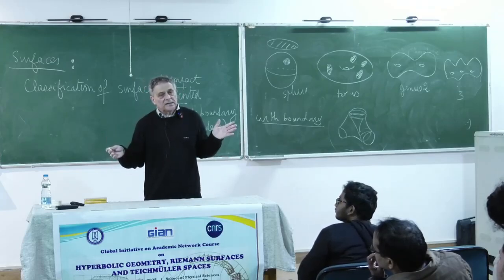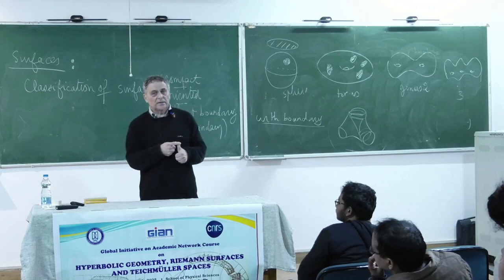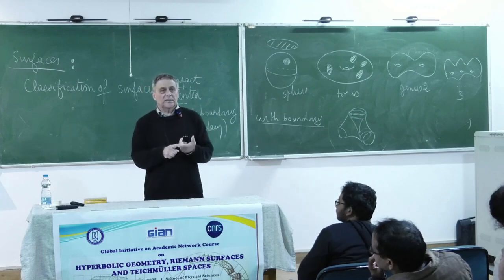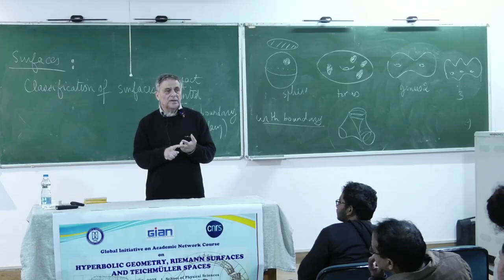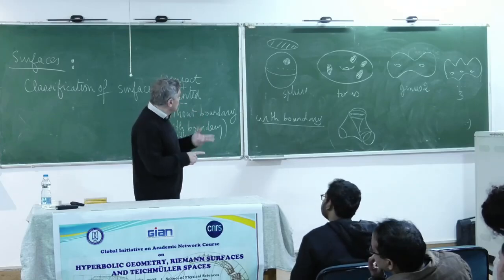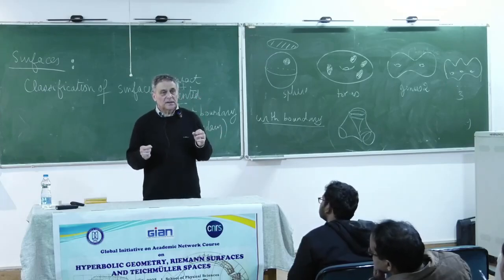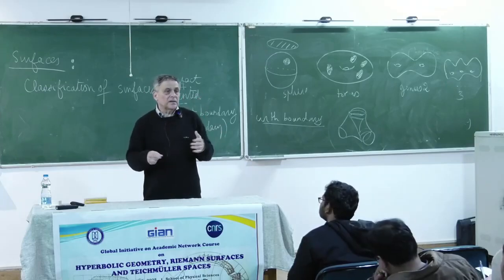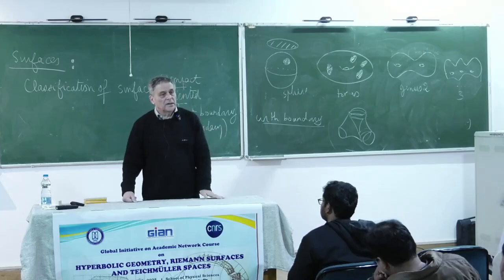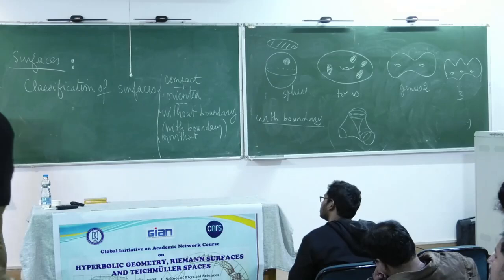I know just 3 kinds of metrics. Until now we talked about the Euclidean plane, the sphere, and the hyperbolic plane. So I want to put a metric on my surfaces so that it looks locally like one of the metric spaces we talked about.